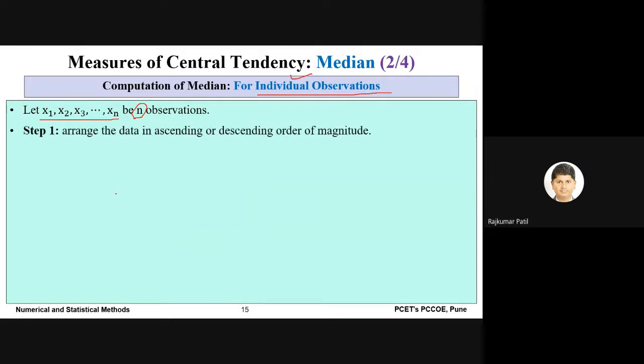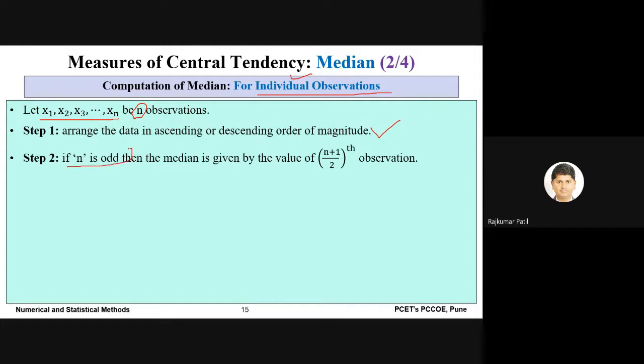So first of all, you need to arrange the data in ascending or descending order, because whatever data you are collecting, it may not be in ascending or descending order. So first of all, arrange them in ascending or descending order. After organizing, check whether the total number of data points are even or odd. If it is odd, then the value given by (n plus 1) upon 2, that observation will be your median.